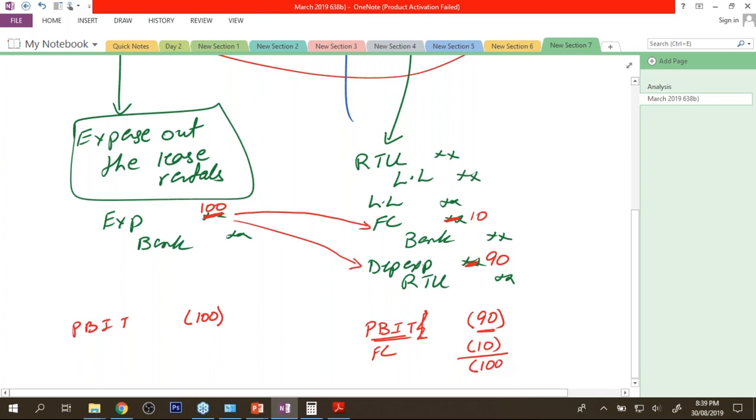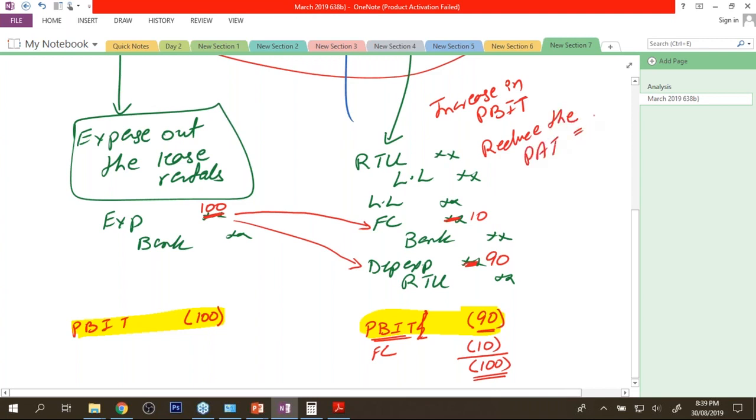So the net impact might be the same, but it won't be the same on the PBIT. The PBIT will now be increased by 10. So this movement will result in an increase in PBIT, but effectively it will reduce the profit after tax.